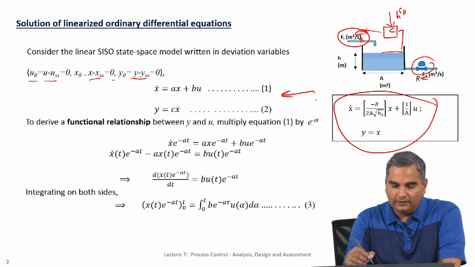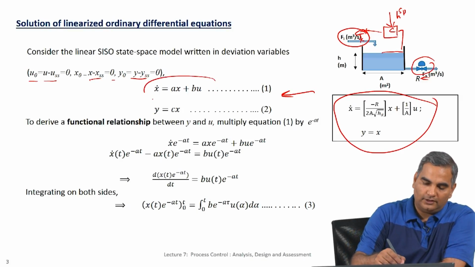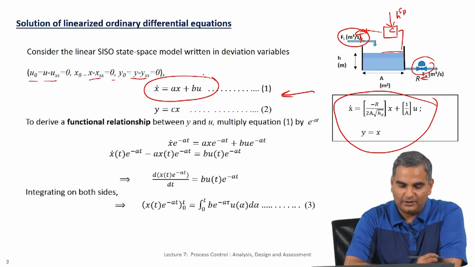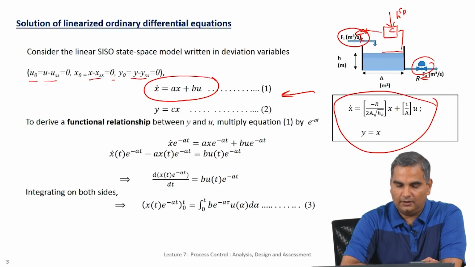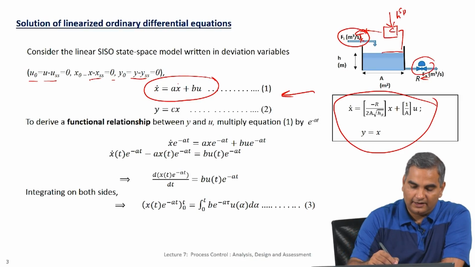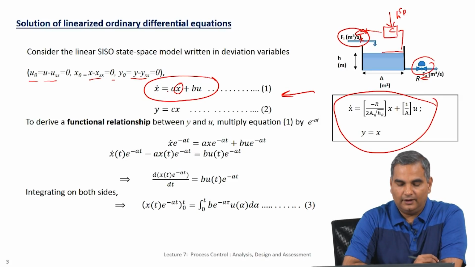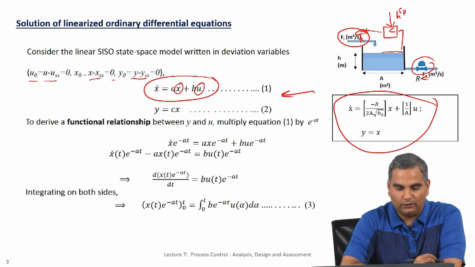So, if you want to think about this equation in plain language, it says the rate of change of the state is a function of the current value of the state itself and also this input, which I can manipulate to take any value I want.